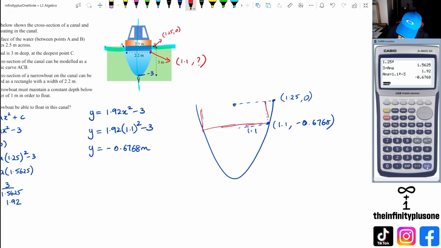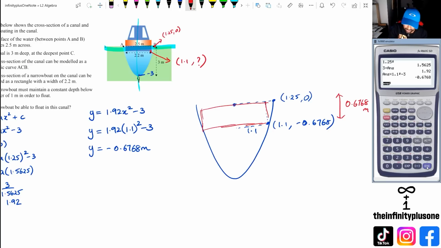All right, because the boat is fitting there with the bottom of the boat being 2.2 meters. But as you can see, below the water level is actually only 0.6768 meters. And it's negative because it's below the top of the surface, right?